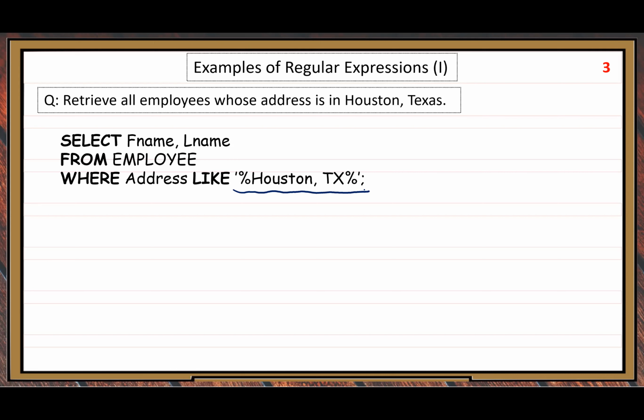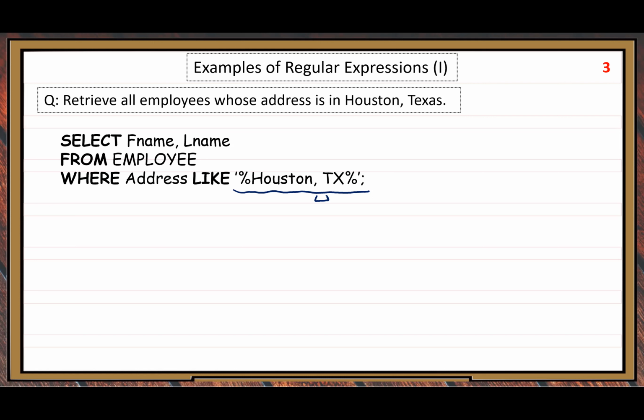In the middle, somewhere in the whole address string, there is Houston, comma, space. Do you notice the space here? Then capital TX. So in the middle, this partial string must be matched character by character.